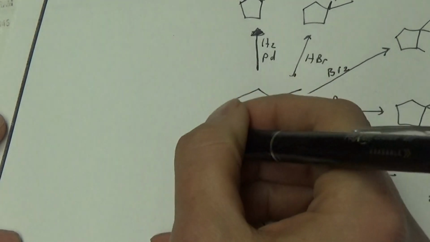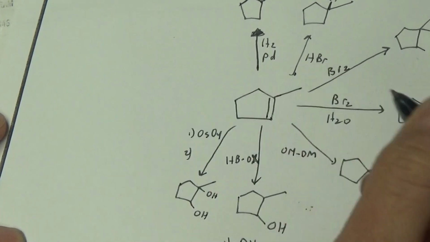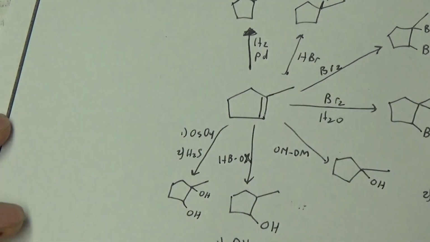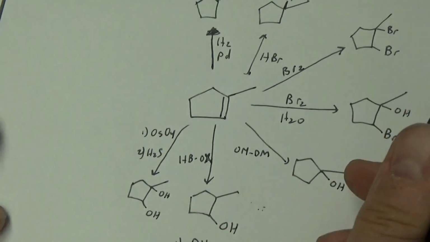What was that one? It was the OsO4 one. OsO4, and then some kind of sulfur thing like H2S. Right? Remember that? Dihydroxylation. Okay.